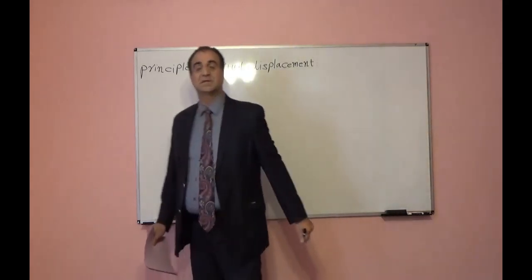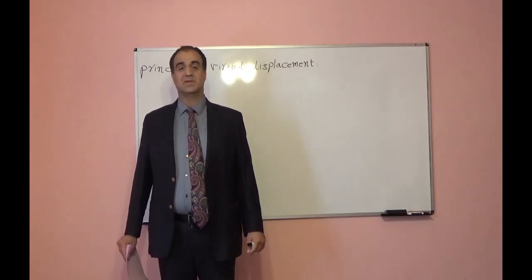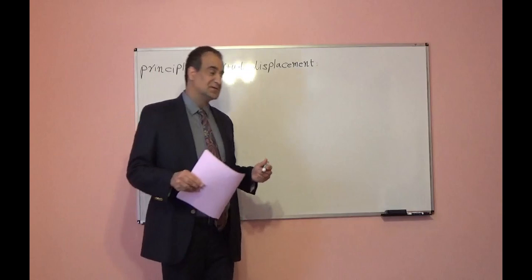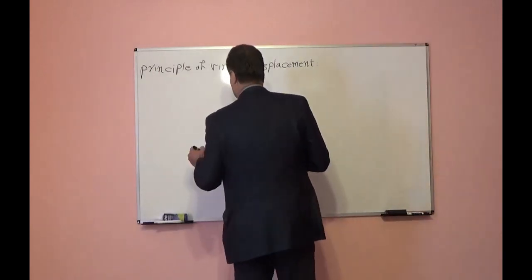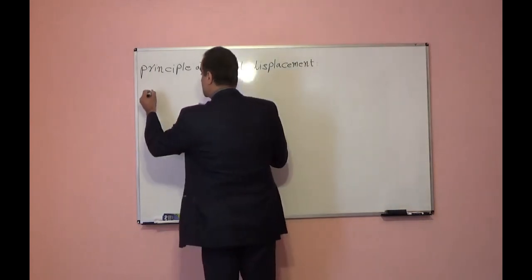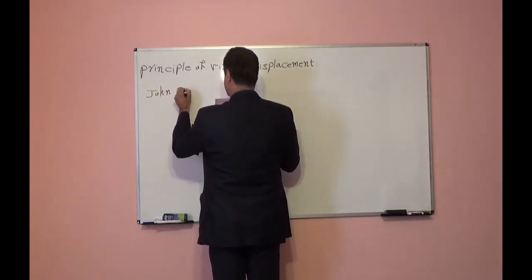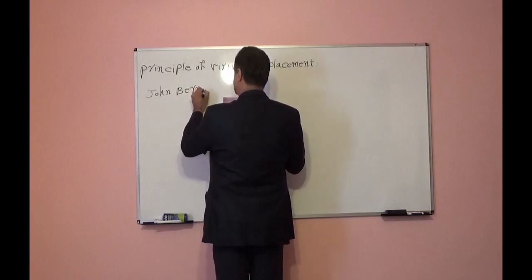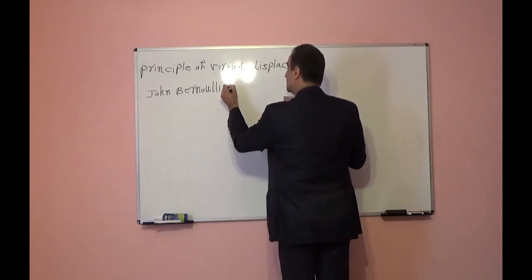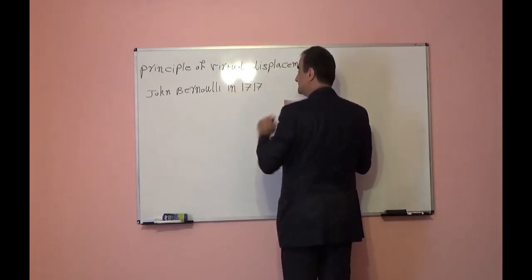Perhaps the most direct and comprehensive way in order to find deflection in the structure is virtual work method. This method is based on the virtual work displacement first formulated by John Bernoulli in 1717.